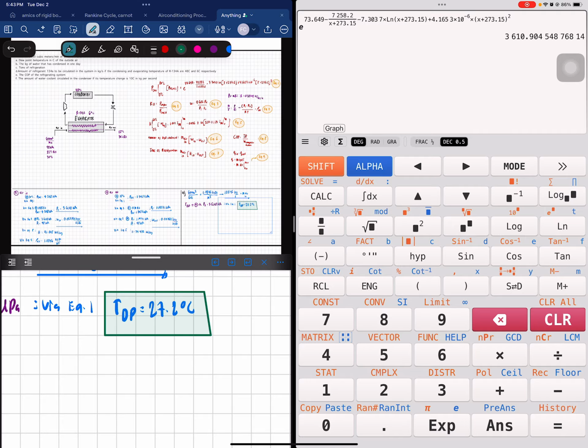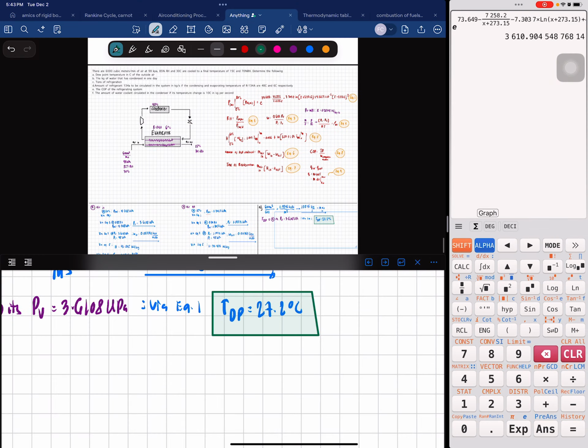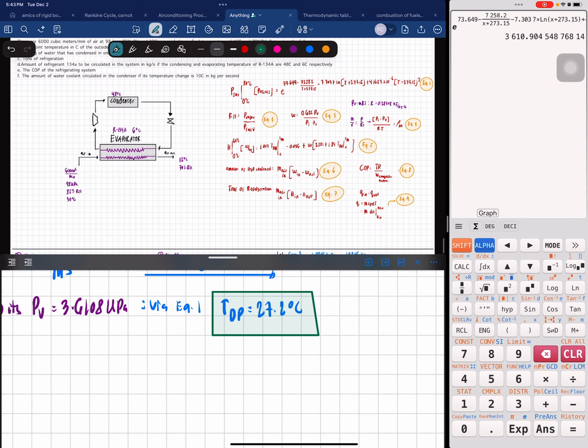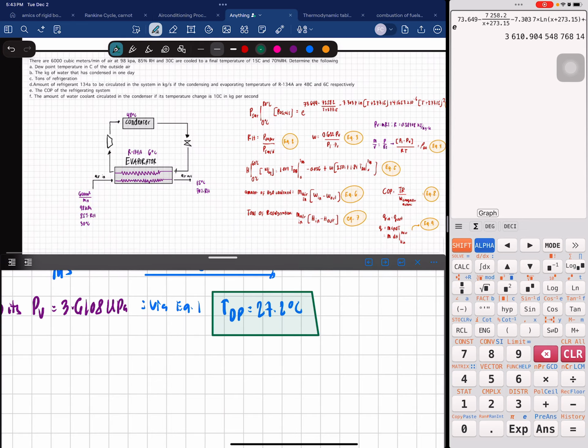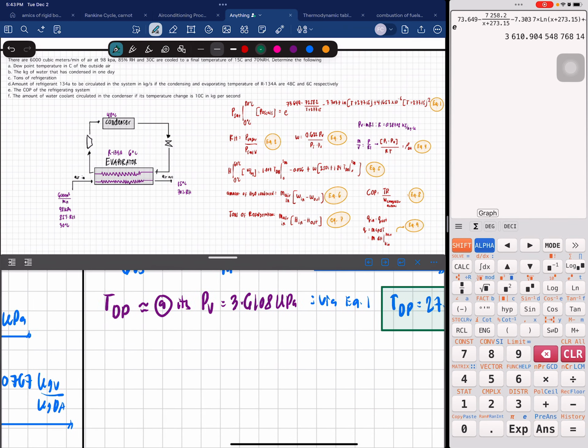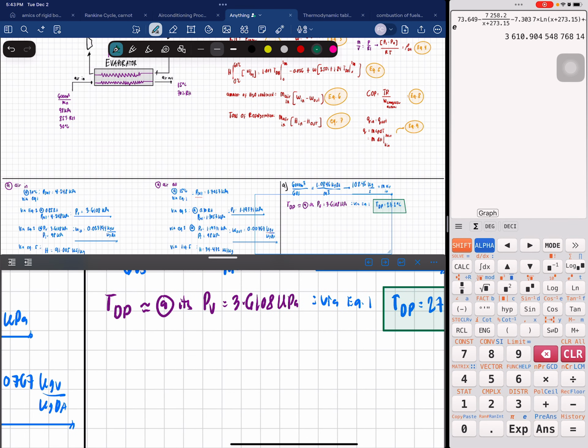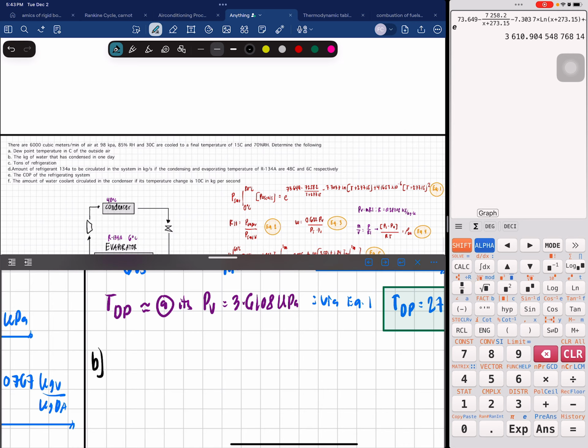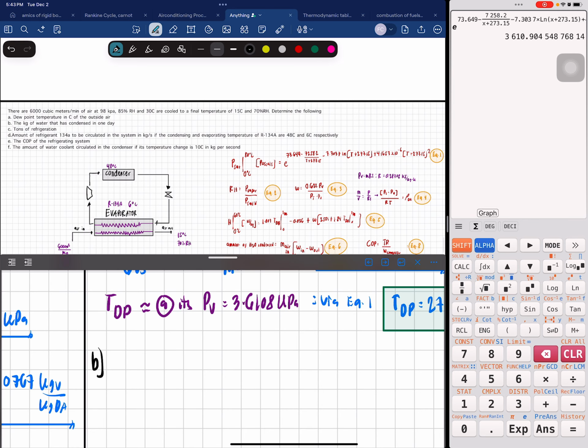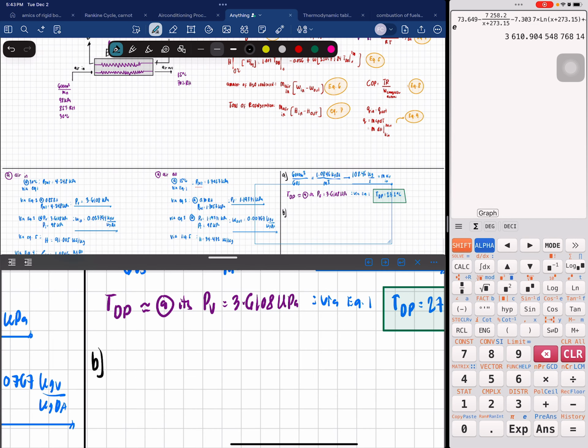What else do we need? The letter B: amount of water that is condensed in 1 day. Okay?